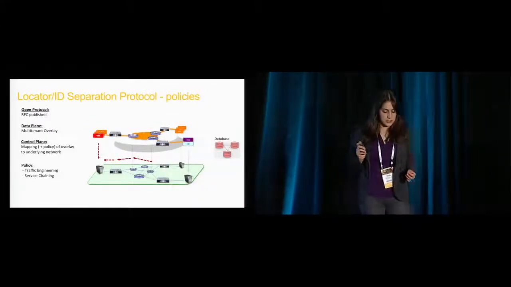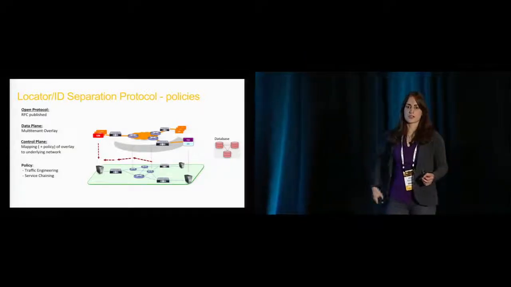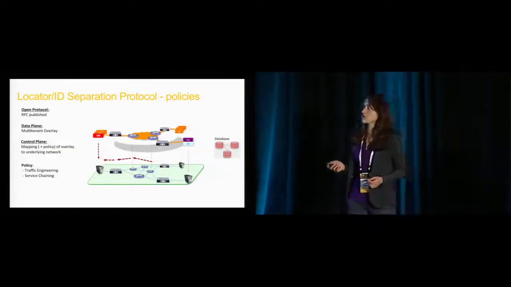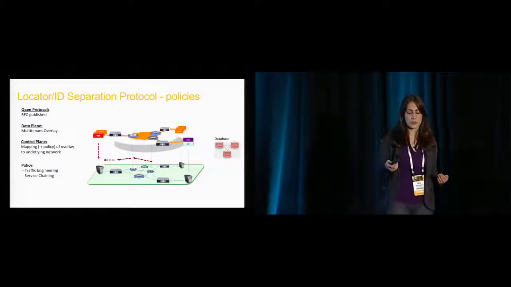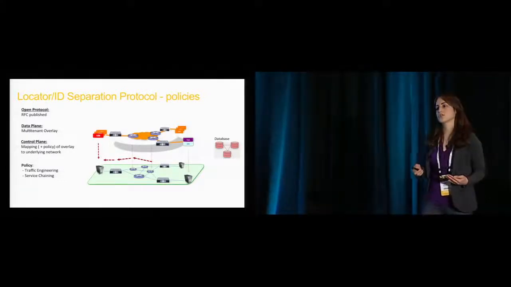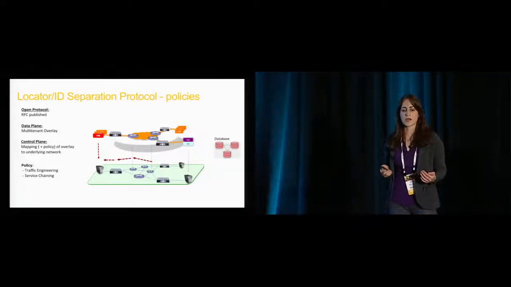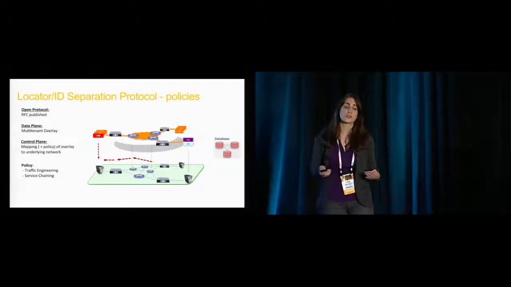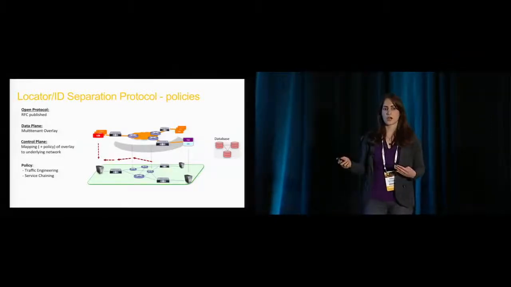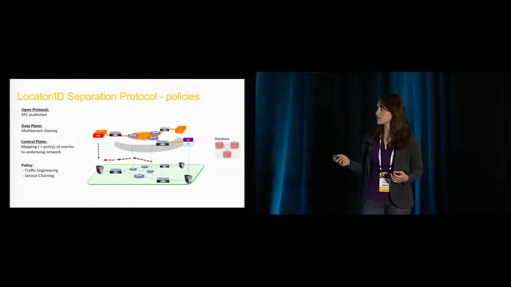Another example is traffic engineering and service chaining. That's another kind of policy that you can insert, saying that in order to reach that host or endpoint, I don't want to give you the direct location, but I'm going to give you a path. A path is a sequence of hops that you need to go through to reach that endpoint.